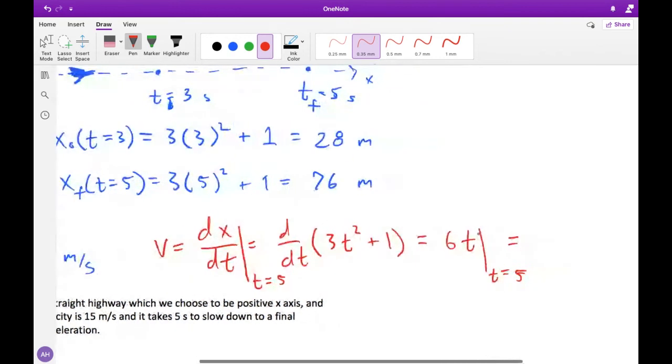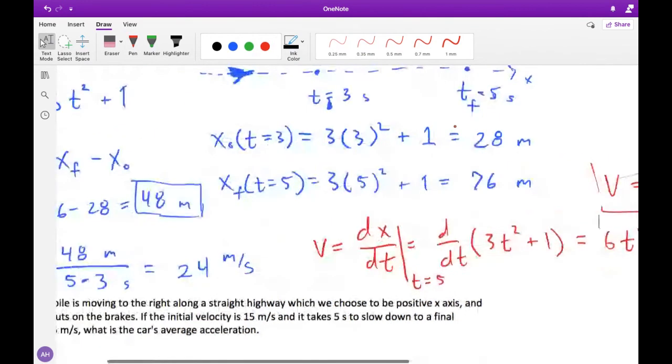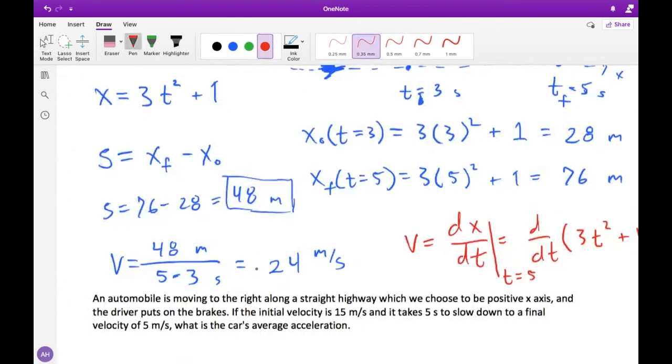So we get that the instantaneous velocity at 5 seconds is basically 5 times 6 after we plug in 5 for the time t, and we get 30. Cool. Notice here that the instantaneous velocity at 5 seconds is different from the average velocity over the time interval from 3 to 5 seconds.